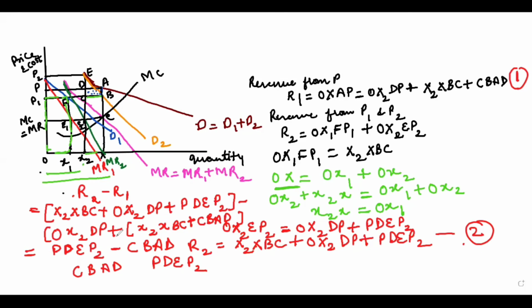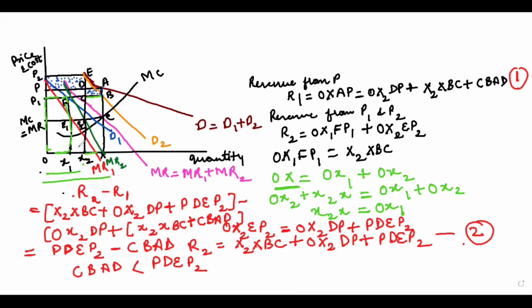As we can see here that PDEP2 is greater than CBAD, so the monopolist is earning more revenue by segregating his total output in two different markets. And here we can see that this portion CBAD is less than this portion, which the monopolist is earning in the form of extra revenue by charging two different prices instead of a single price.